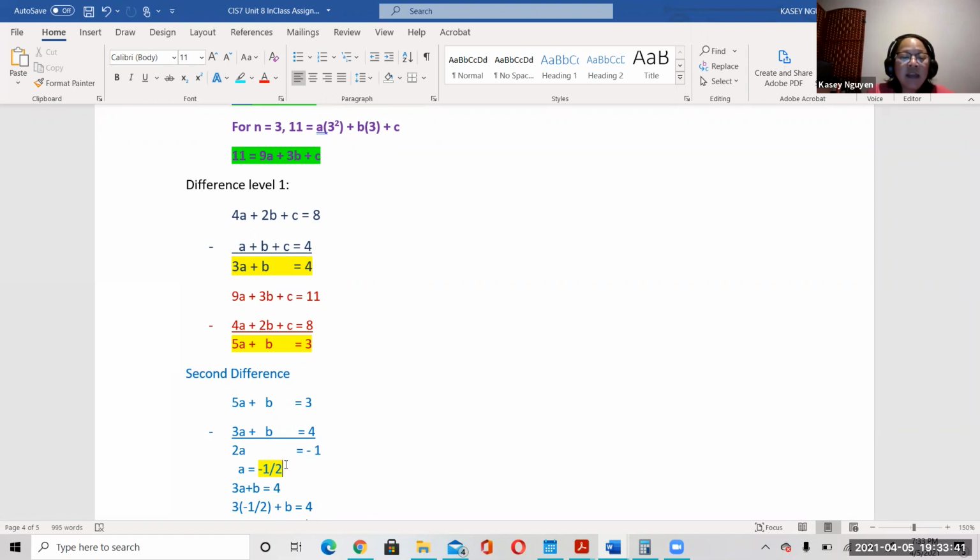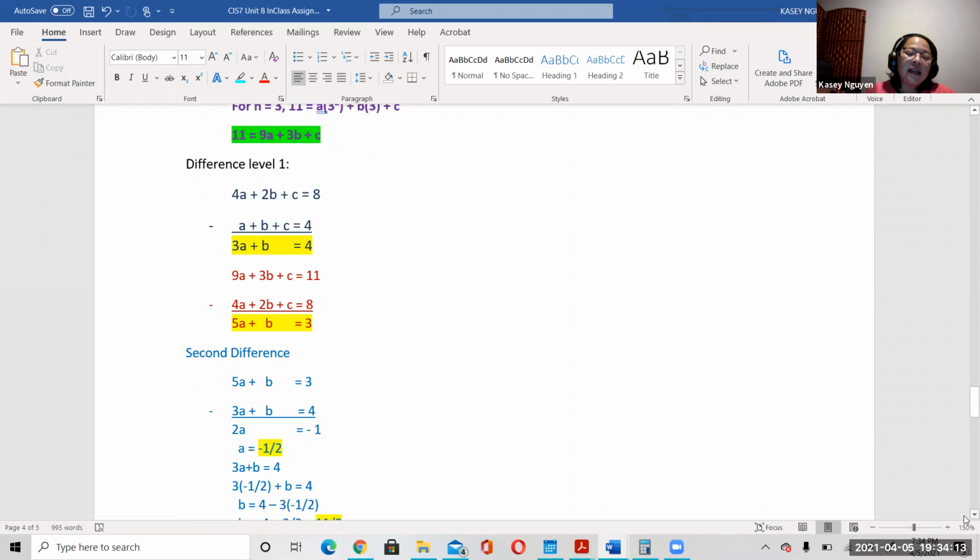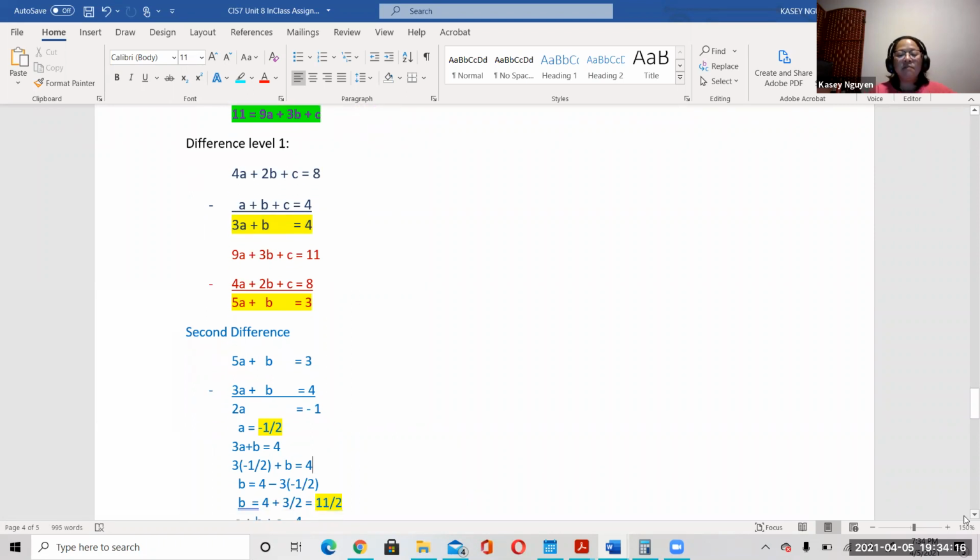Then once I have a, I plug it back into the level 1 difference to solve for b. So I chose that one. And so I would have -1/2, which is a, times 3 plus b is equal to 4. Then I solve for b, and b should give me 11/2.